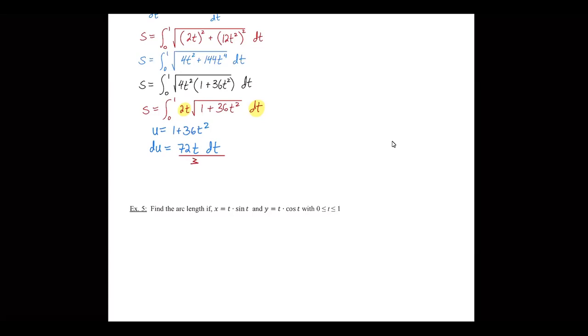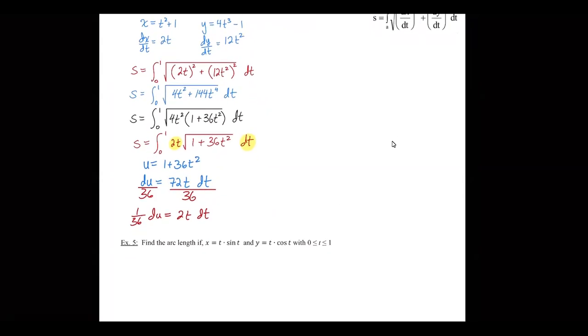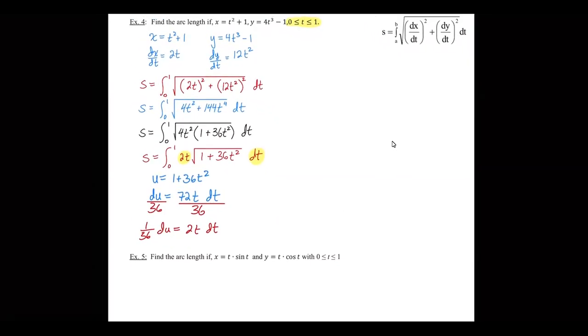Oops, I'm going to take my shape draw tool off. So divide by 36, divide by 36. And we'll get 1 over 36 du is equal to 2t dt. And that's where we're going to get our clean substitution, which is ideal. I mean, it's expected, but it's also a very nice outcome. Right? That's what we're looking for.